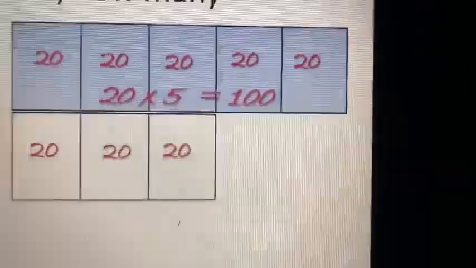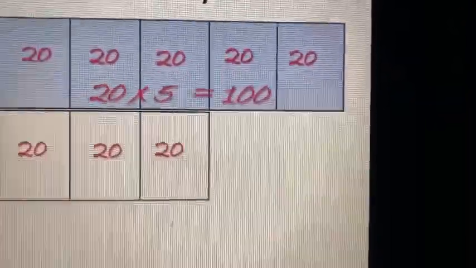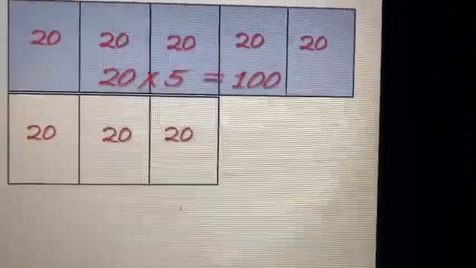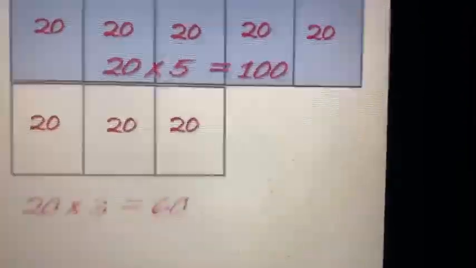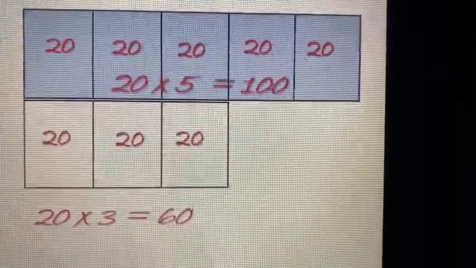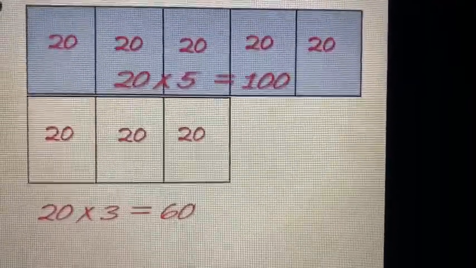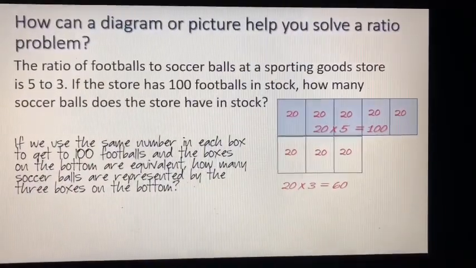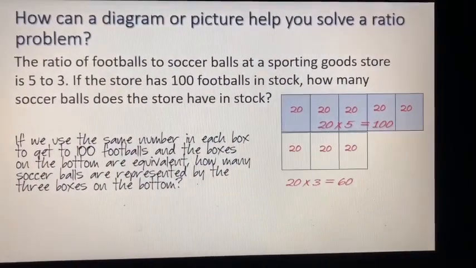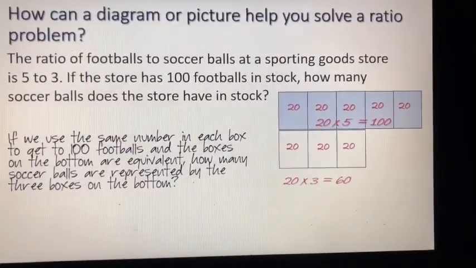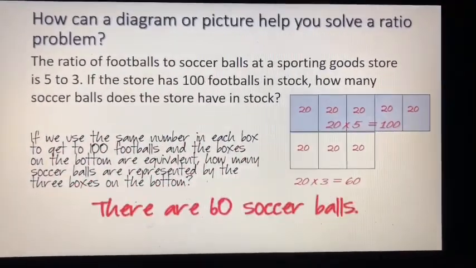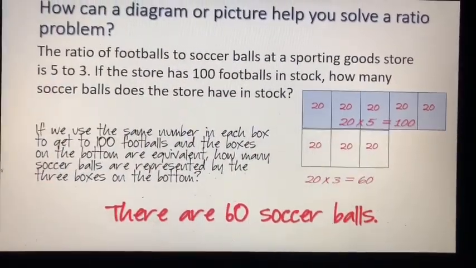So now I have 3 boxes with 20. 20 times 3 is 60. So back to my entire question, how many soccer balls does the store have in stock? There are 60 soccer balls.